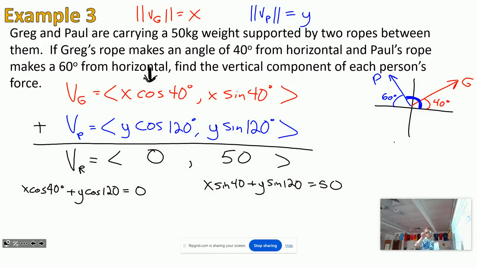My variables are x and y. To solve for them, we're using substitution here. Take one of your equations and solve for one of the variables. I'll take this equation, which is a little simpler because it's equal to 0, and I'll solve for x. So I would subtract y cosine 120 over and then divide by cosine of 40.